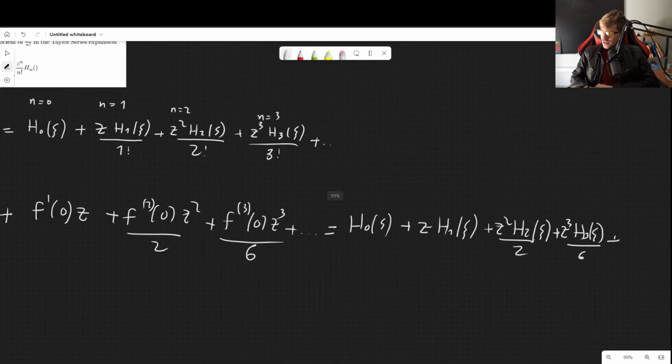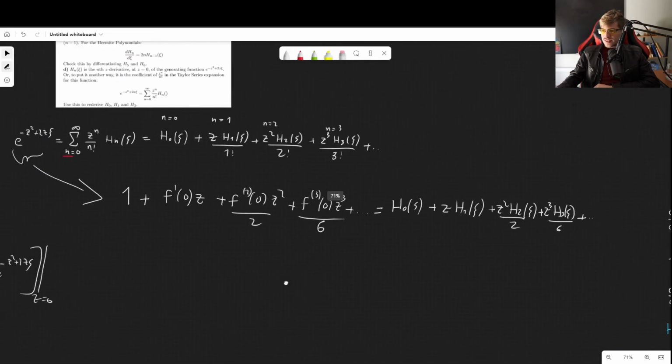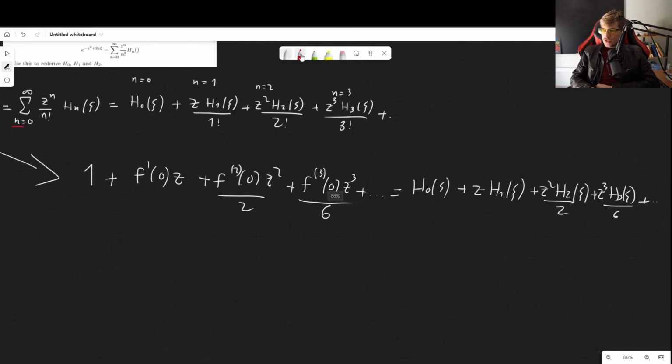So what we can see here is that we have a very similar thing on both sides. And if we want these things to be equal, we need each power of z to be equal. So we need h0 of ψ equal to 1.